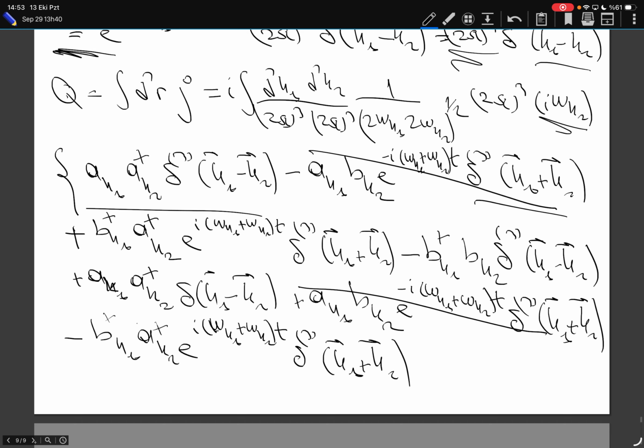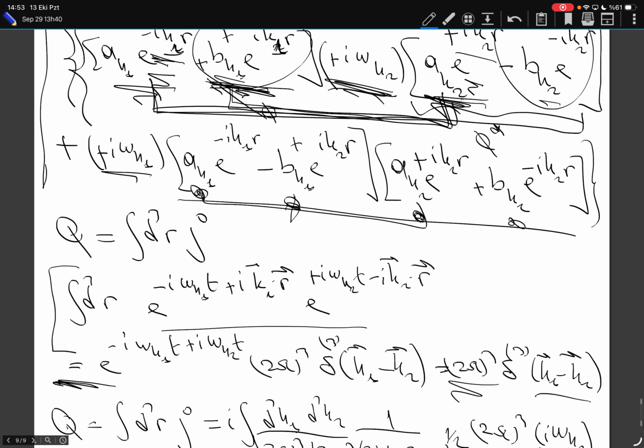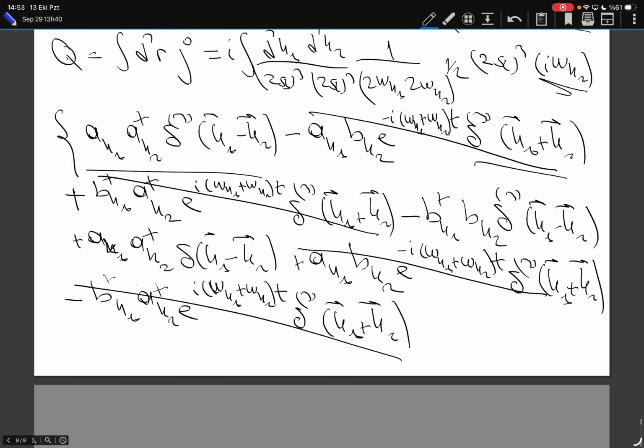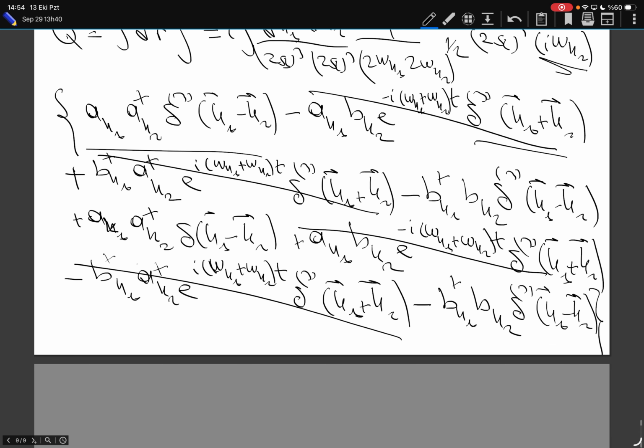Now again, this term and this term exactly cancel each other. And then the second term in both parentheses will have a minus sign: minus b_{k1}^\dagger b_{k2}. So this is my charge. Let's simplify it further.